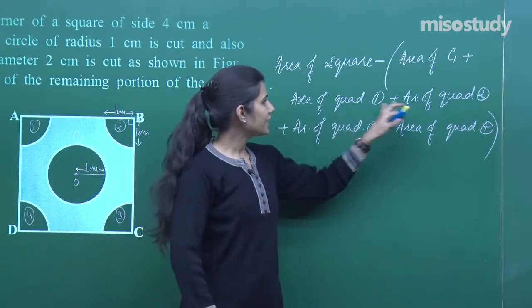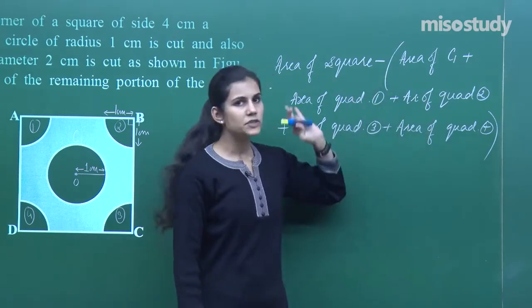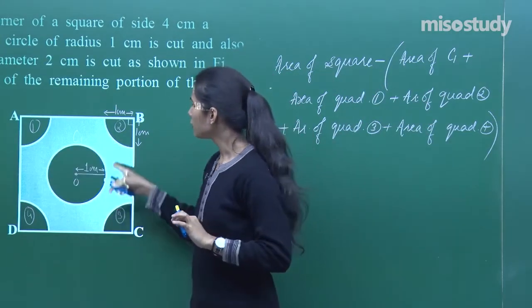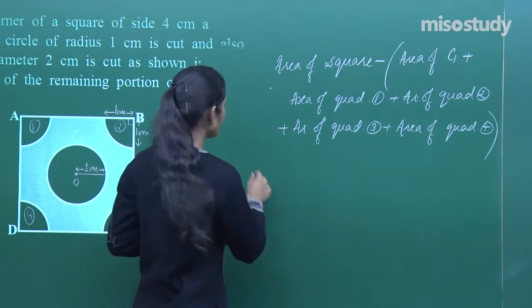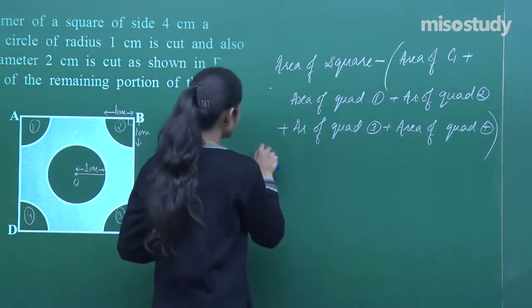So you add the area of all the 4 quadrants to the area of the circle, and you remove all these areas from the area of the square, you will be getting the area of this left out part. What is the area of the square? It is side square. Side is of length 4 centimeters, so 4 square.